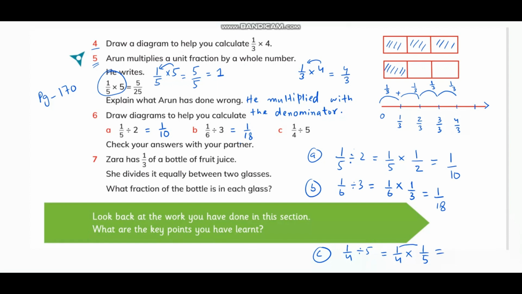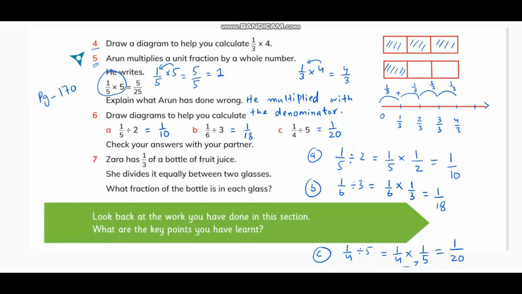Multiply numerator with the numerator, 1 times 1 is 1, and denominator with the denominator, 4 times 5 will be 20. So the answer will be 1 over 20. I hope that you understood this question.